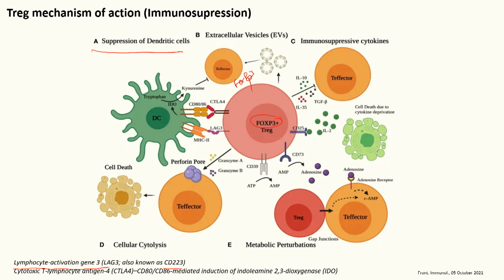CTLA4 can bind to the CD80 and CD86 co-stimulatory molecules, which we have discussed earlier, and LAG3 can bind to the MHC class II molecule. And once there is a binding, we could look into the metabolic changes which can happen in the cell. And one such change is towards tryptophan metabolism.